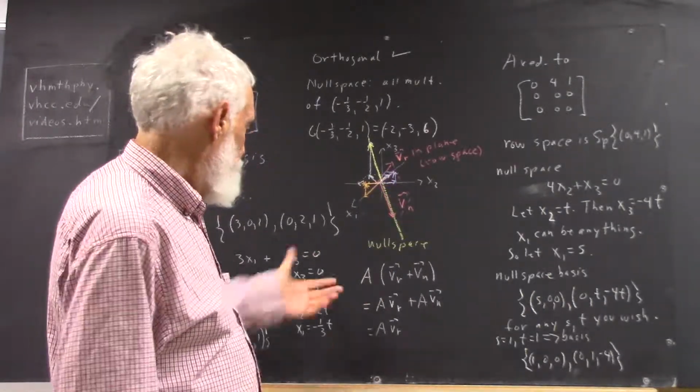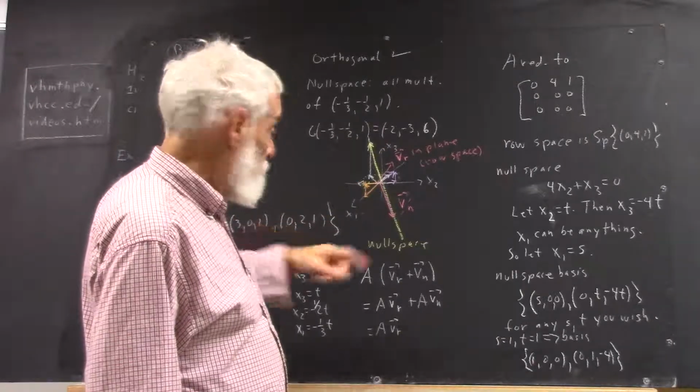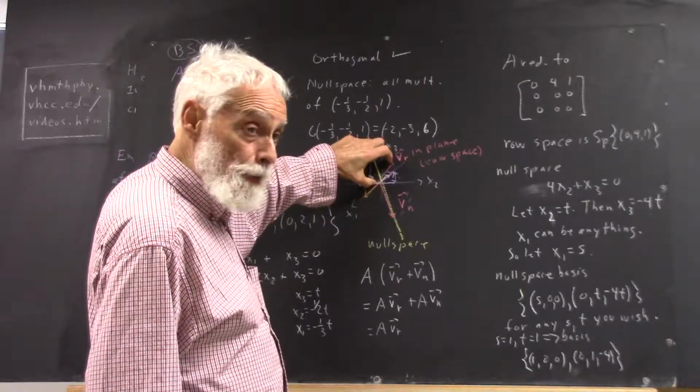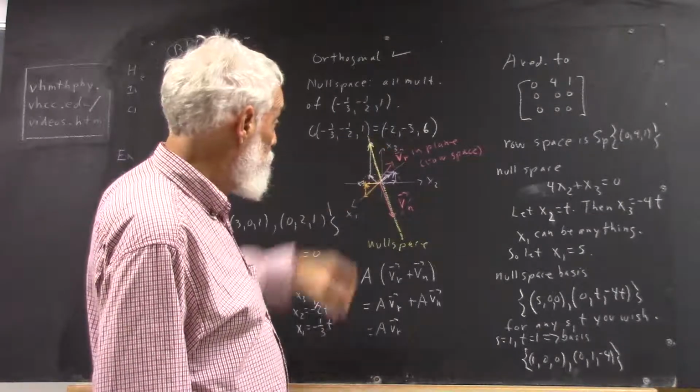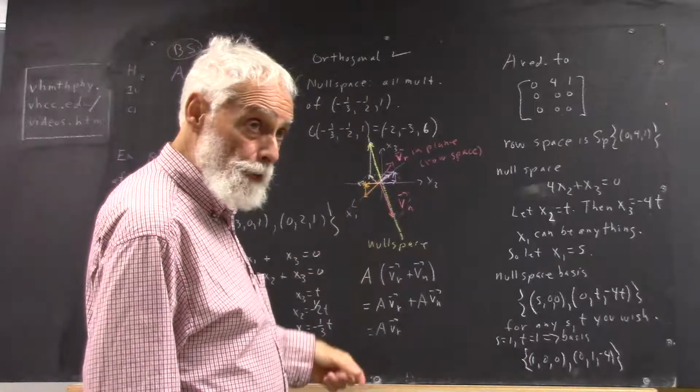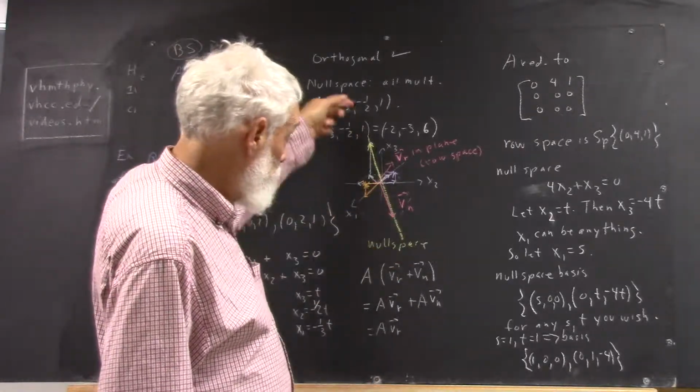Okay, well, if VR is a vector in the plane, some linear combination of this vector and this vector, and that's what I depict by this red vector. And Vn is a vector in the null space, which means just a vector in the direction of this line.